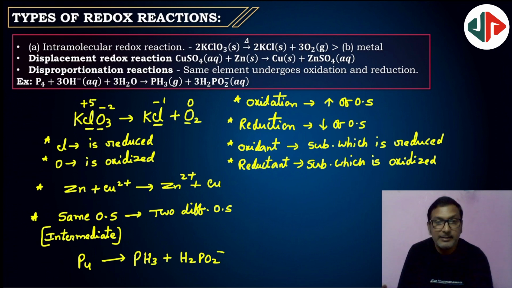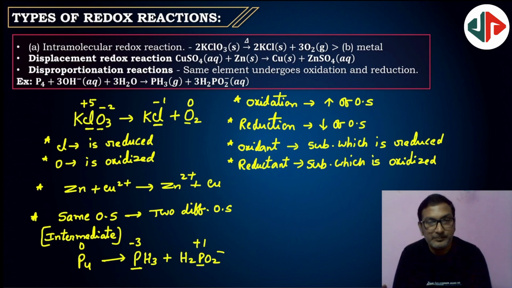H2PO2-. See here, on the left-hand side P4, the molecular form of phosphorus, is 0, and here P is -3 and here P is +1. So 0 to -3 is a decrease in oxidation state, reduction. Next, 0 to +1 is an increase in oxidation state, oxidation. Therefore the same element undergoes both oxidation and reduction simultaneously.